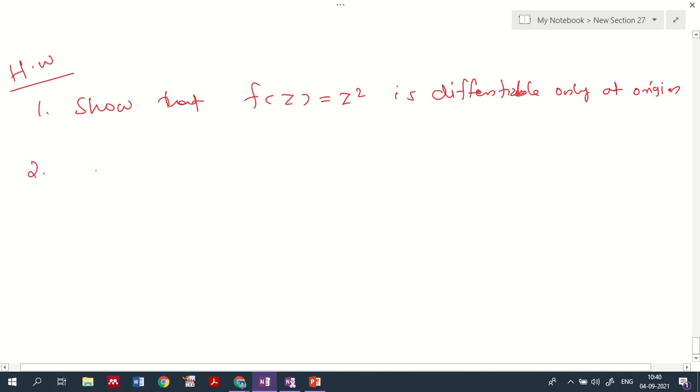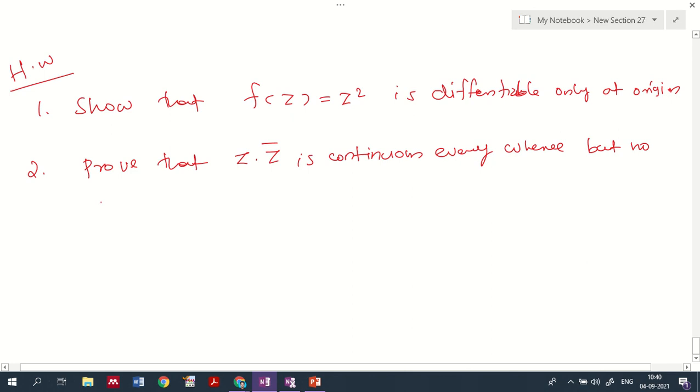And the second one is: prove that z dot z bar is continuous everywhere but nowhere differentiable except at z equal to 0.